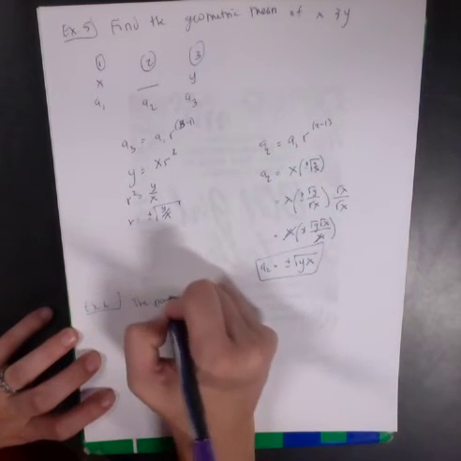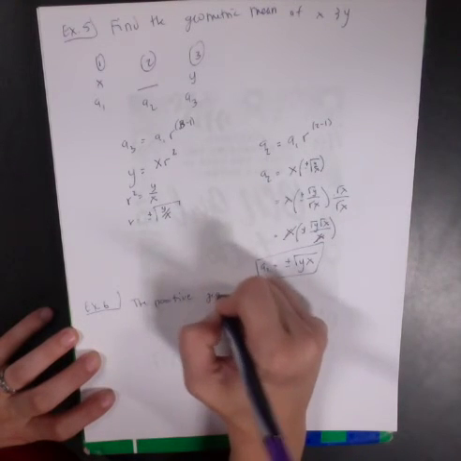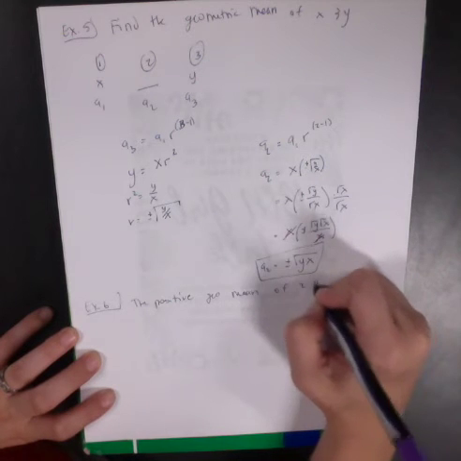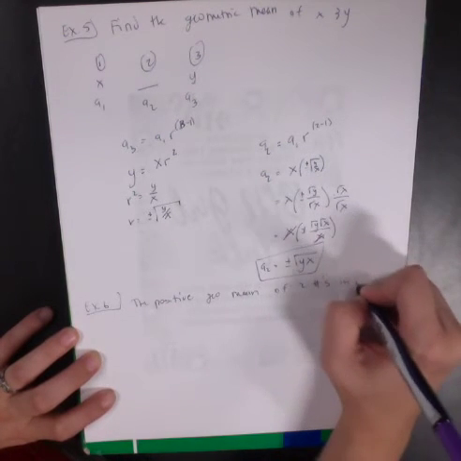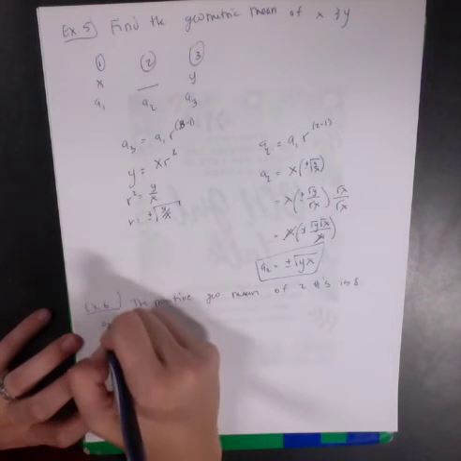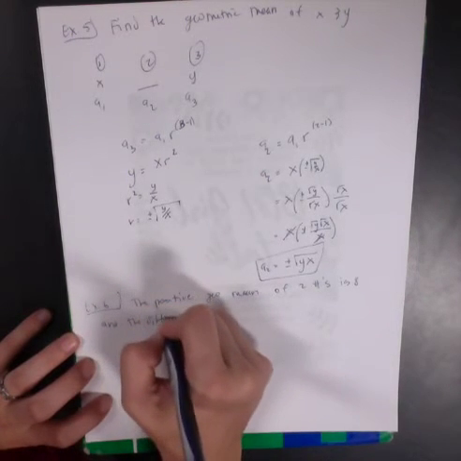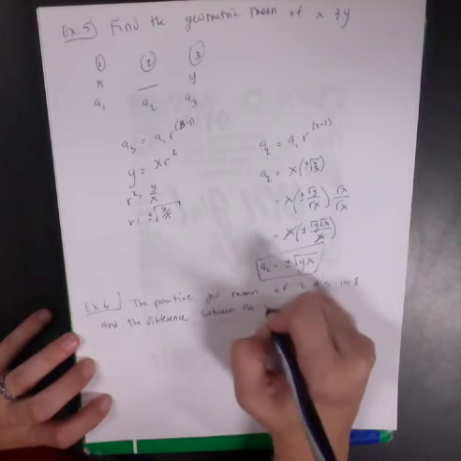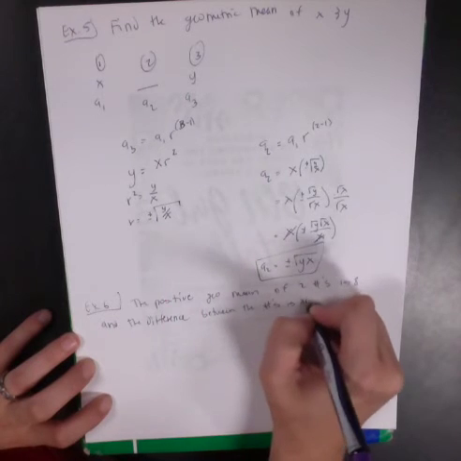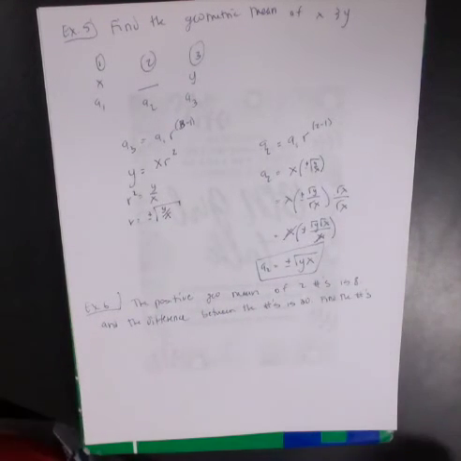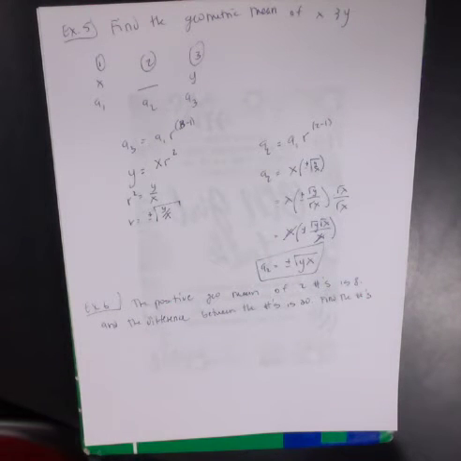The positive geometric mean of two numbers is 8. And the difference between the numbers is 30. Find the numbers. Okay, so what does that mean?